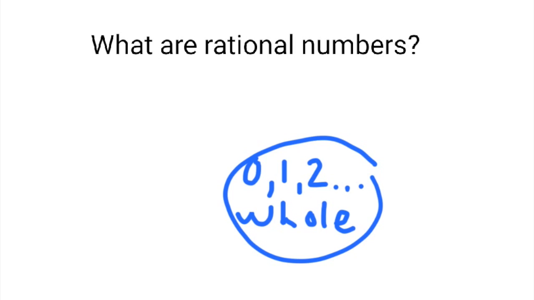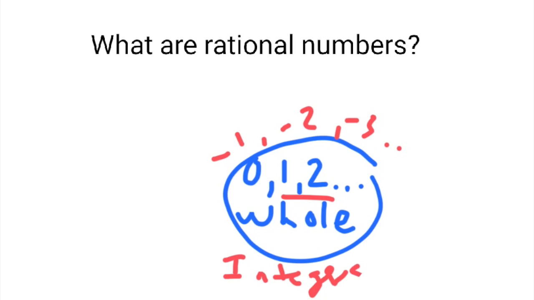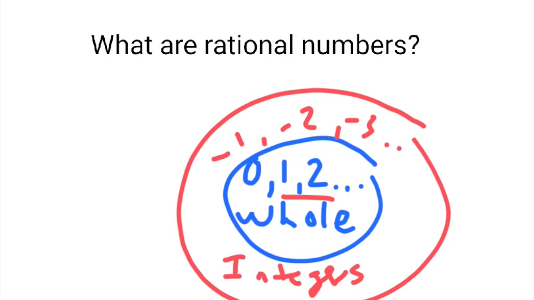So in addition to the whole numbers 0, 1, 2, 3, and whatever, you also have the opposite of those positive numbers. So you got -1, -2, -3, and so on. And we called those integers. And so we've expanded that family. Integers are those negatives plus all of those whole numbers.